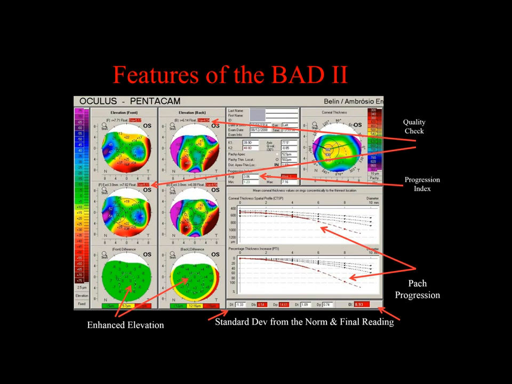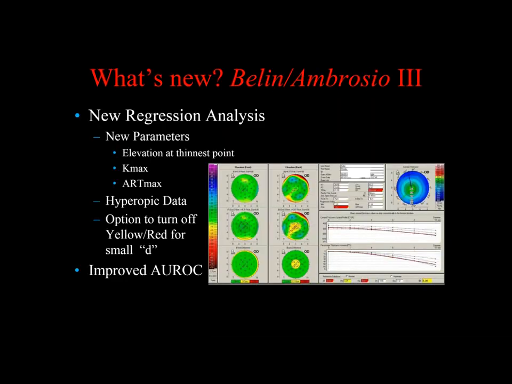So this will turn yellow if you're less than 8 millimeters of coverage. It'll turn red if you're less than 7.5 millimeters of coverage. If you see a red box here, you need to repeat the image. Yellow, you can repeat it, but I've not seen a huge loss of clinical value on yellow. But when you get less than 7.5, you really want to repeat the image.